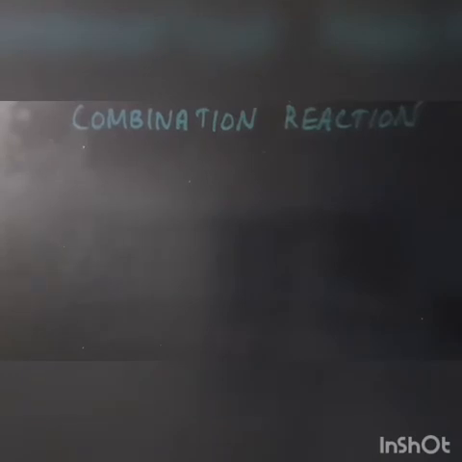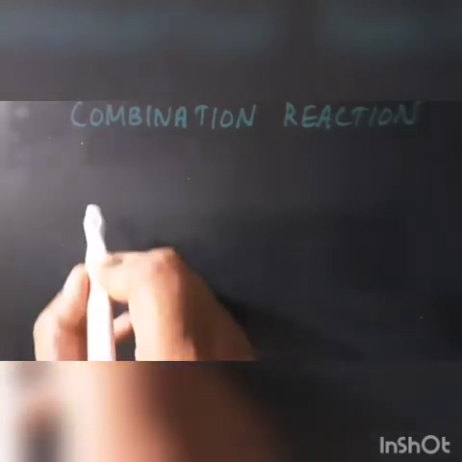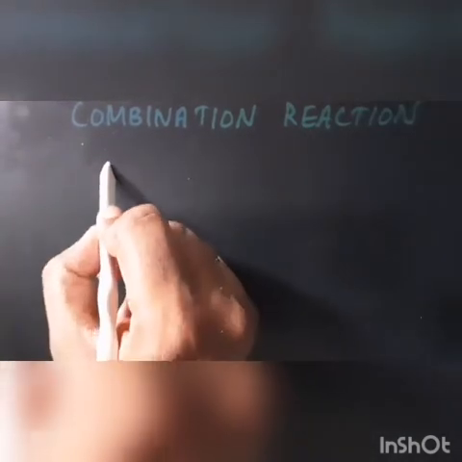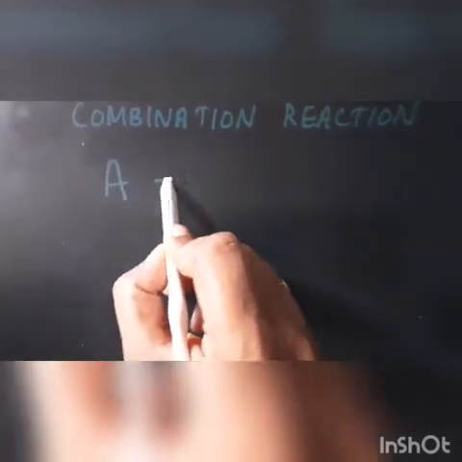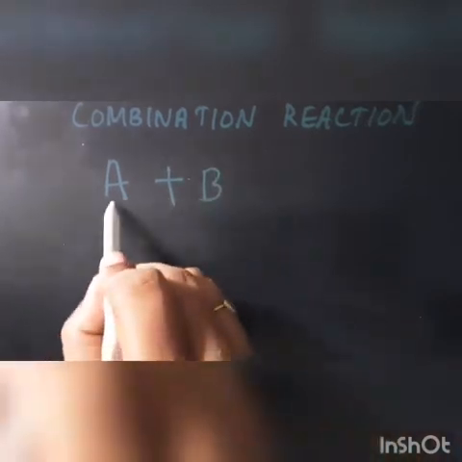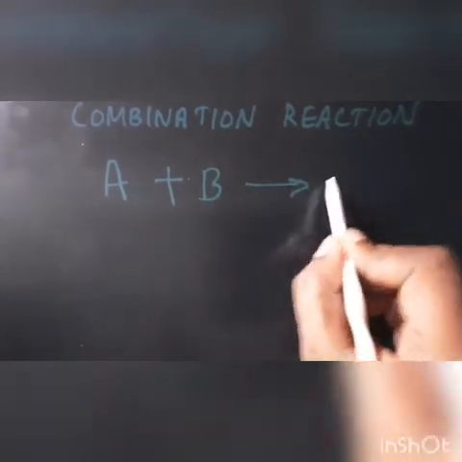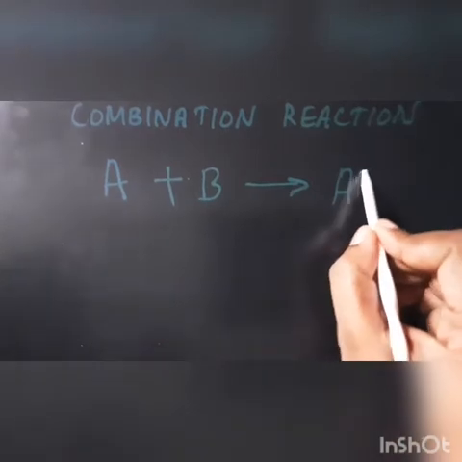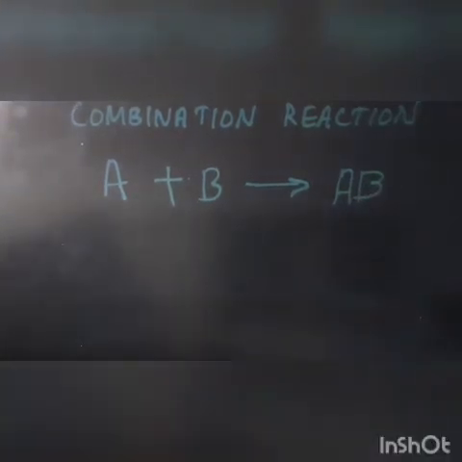First is the combination reaction. As the name suggests, the reaction in which 2 or more reactants combine to form a single product. It will be in this form: A plus B. That means these two are reactants. They combine together to give a product AB.